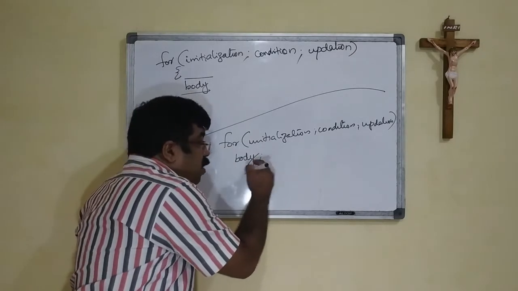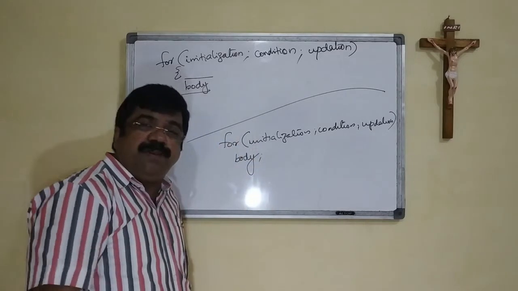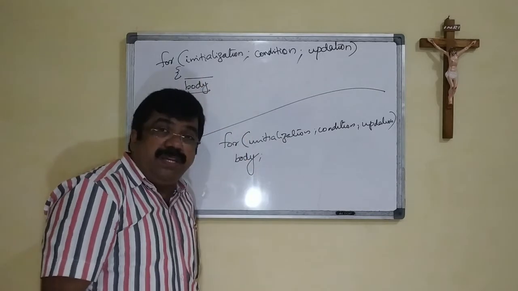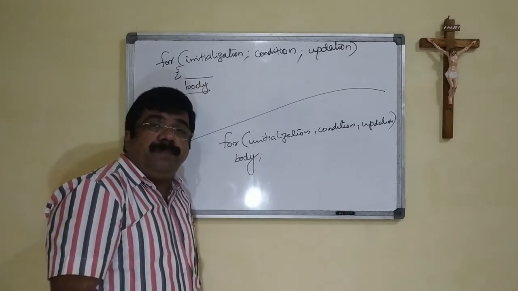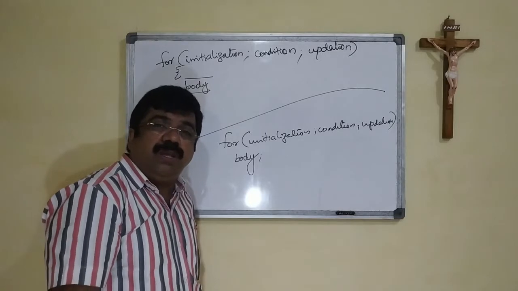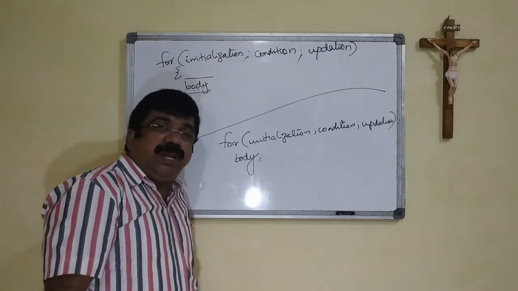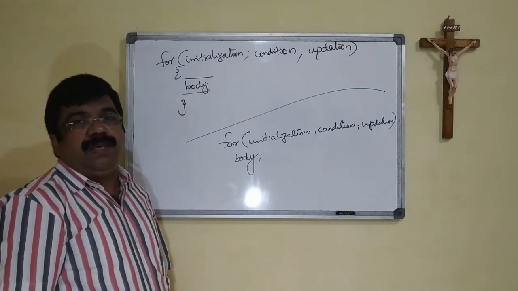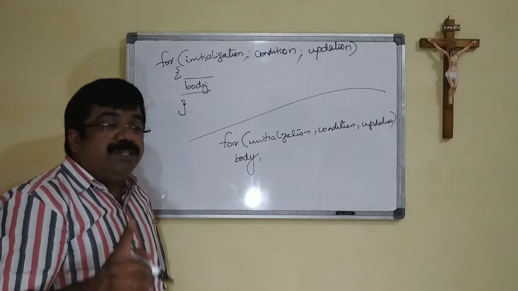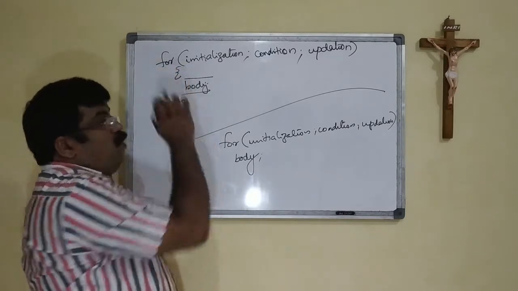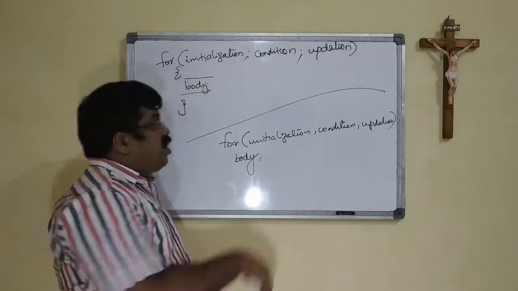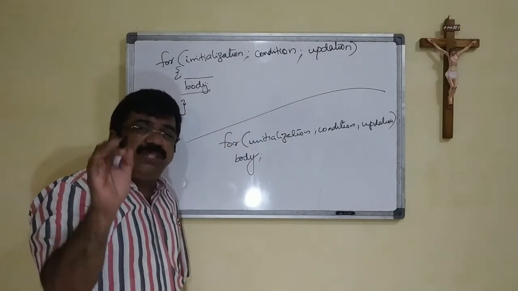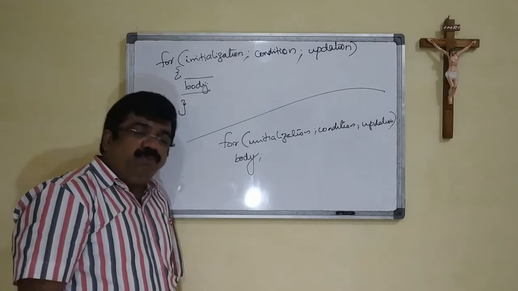That means this is going to execute only one statement. And when more than one statement is there, that means multiple statements are to be executed, then we should go for the curly braces. As I said, remember once again the important point: the for loop has initialization, condition and updation as part of the syntax of the for loop.